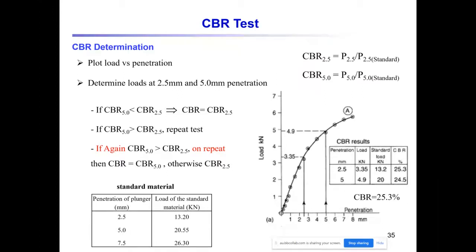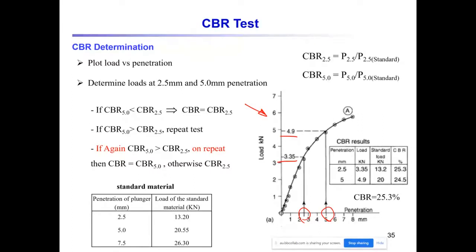And eventually, after conducting the test, you will get such a curve. It is load versus penetration, so you can simply draw the curve. There are two values that you need to read: the load related to the penetration of 2.5 and the load related to the penetration of 5 millimeter.